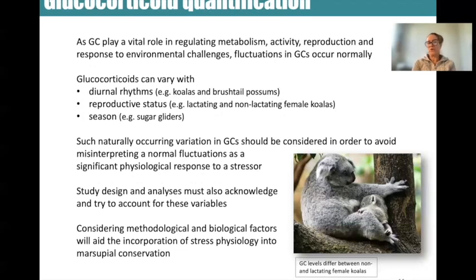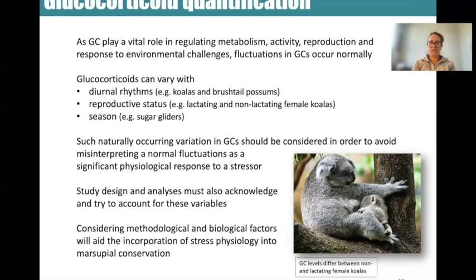Because glucocorticoids play a vital role in regulating metabolism, activity, reproduction, and response to environmental challenges, there's obviously going to be natural fluctuations in glucocorticoid levels. And it's been recognised that they will vary due to diurnal rhythms, reproductive status, and season. So this degree of naturally occurring variation needs to be considered in order to avoid misinterpretation of normal fluctuations as a significant physiological response to a stressor.